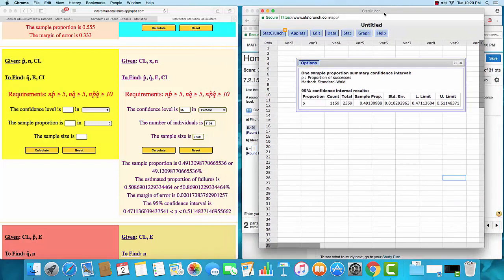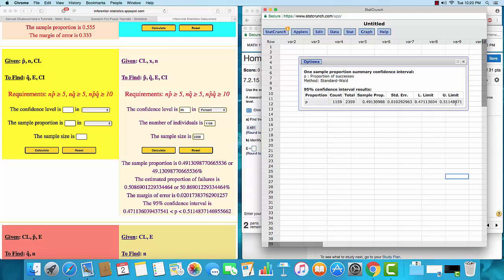As you can see here, 0.4711 is the lower bound, and 0.5115 is the upper bound. So just take note of that.